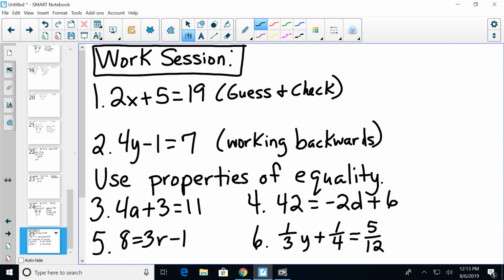What's your first step? What's the first step? What do you want to get rid of? Not right.